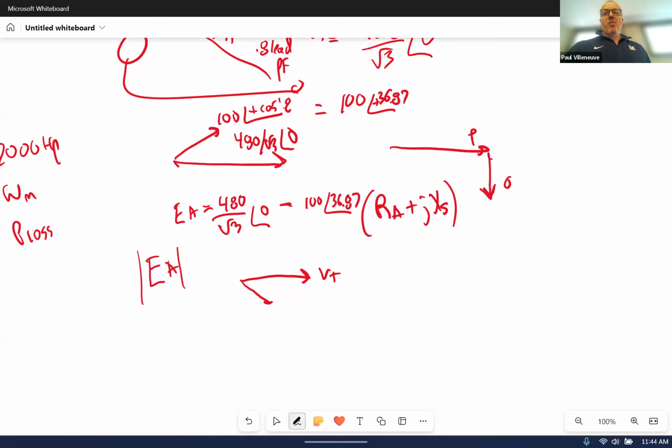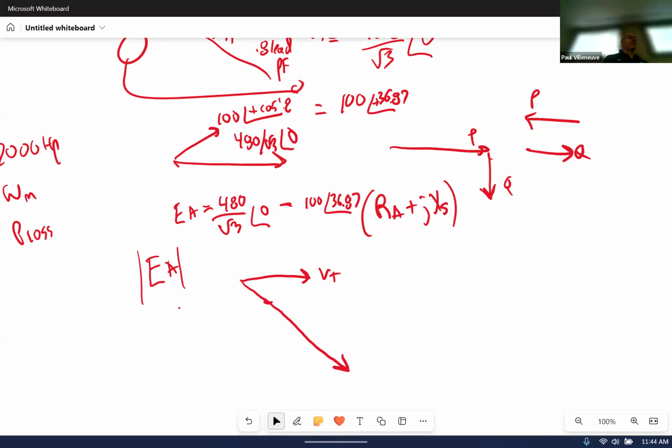So in this motor, P is going in. Where's Q going? It's negative. Got to go out, right? And how do we get Q to go out of the machine? Magnitude of EA has to be greater than VT, doesn't it?